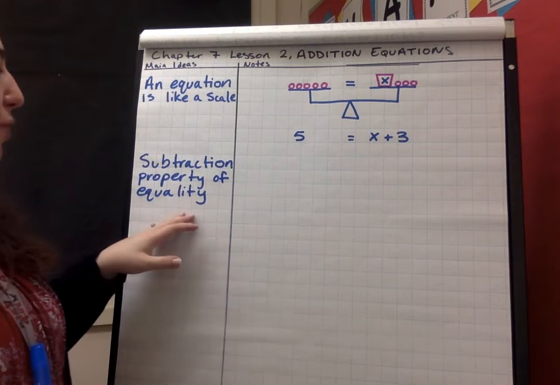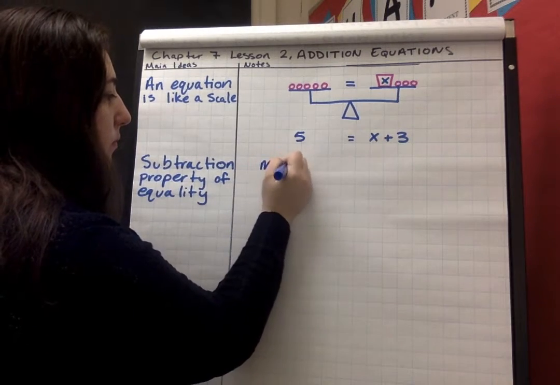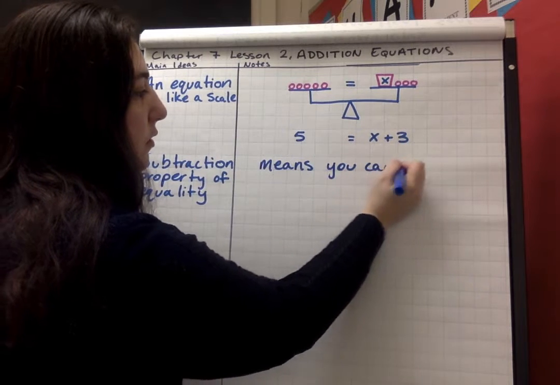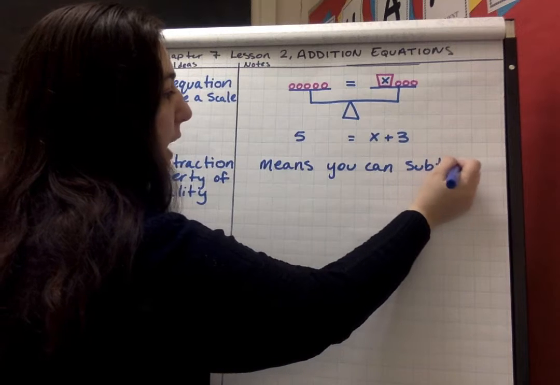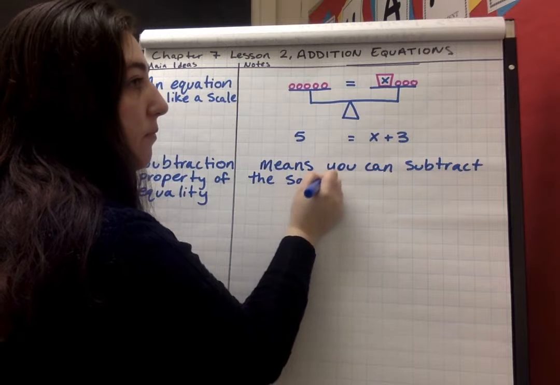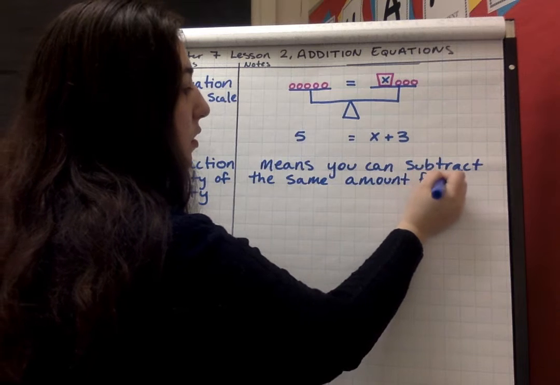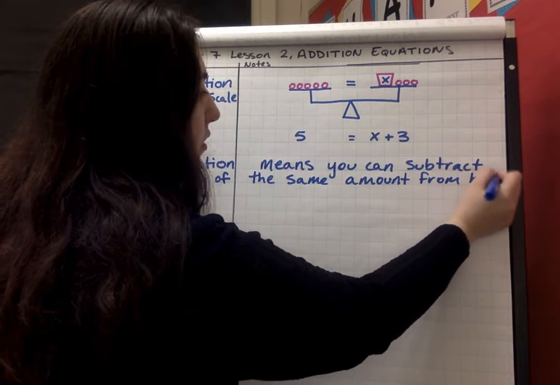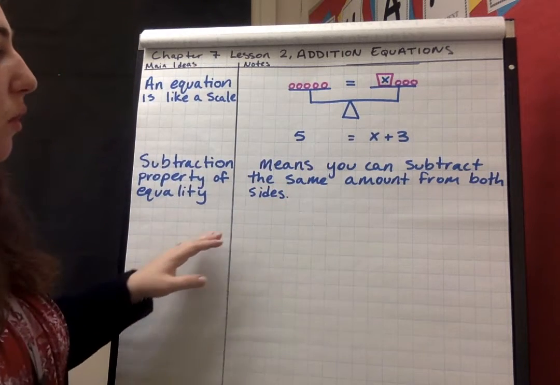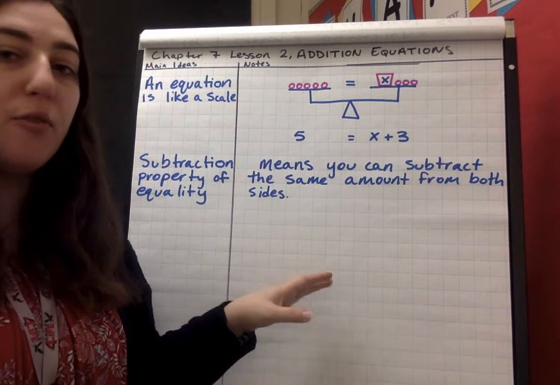Okay, so subtraction property of equality means you can subtract the same amount from both sides.